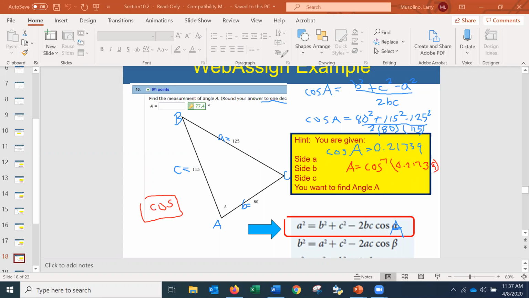So you'll have a cosine button on your calculator, and then usually right above it is the inverse cosine function. All right, so when I work this out on my calculator, I'm getting the answer 77.44 degrees. That's what I got too. Yep. And of course, the web assigned question said round to 1 decimal place. So that's how we end up with the answer of just 77.4.